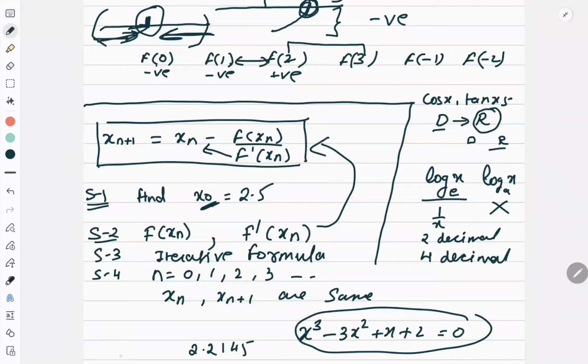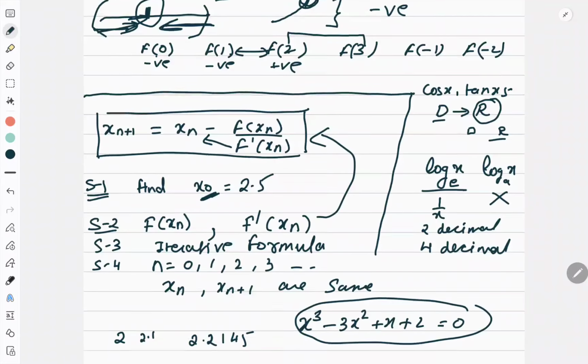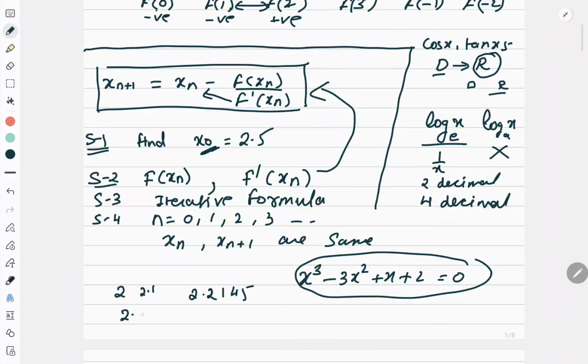If you have proper time in the exam, you can start with 2 or 2.1. If you don't have the time, start with 2.2, and you will get the answer in 2 steps. If you are far from the answer, you will get it in 4 or 5 steps, but definitely you will get the answer if you don't make a calculation mistake. So observe this very carefully.